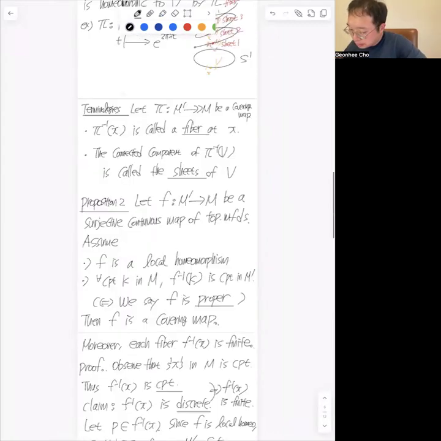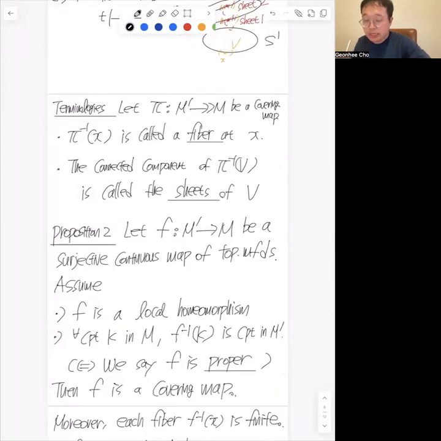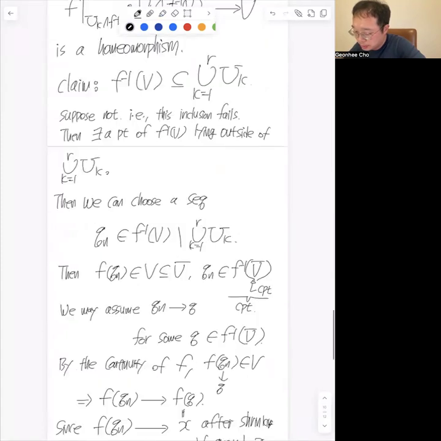Even though this is a topological statement, we base our understanding of holomorphic functions on compact Riemann surfaces on this proposition. That's why I still want to cover this very important proposition from algebraic topology.